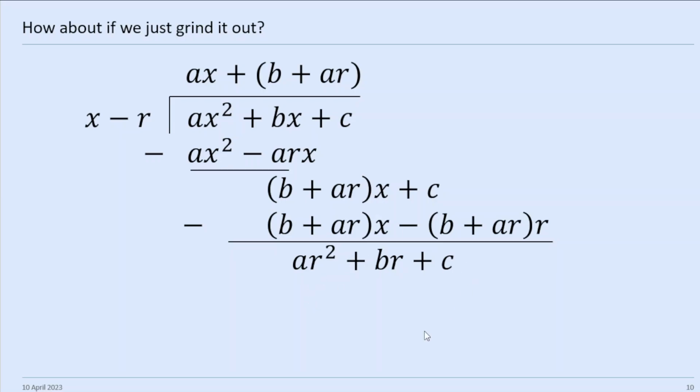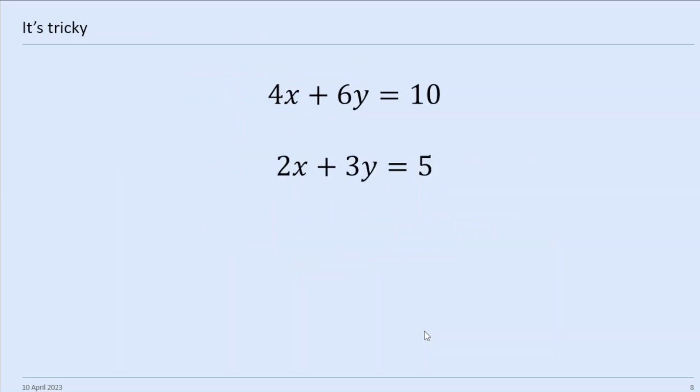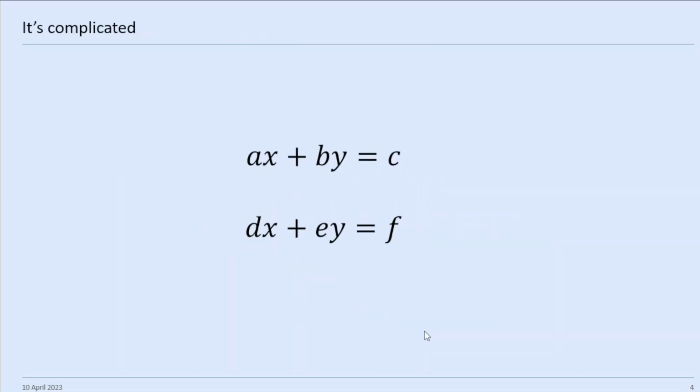So that's exactly right. The remainder that we have got is just the polynomial when we substitute in r. By the way, using r here is slightly confusing. R here does not signify the remainder. R is playing the role that a did up here.